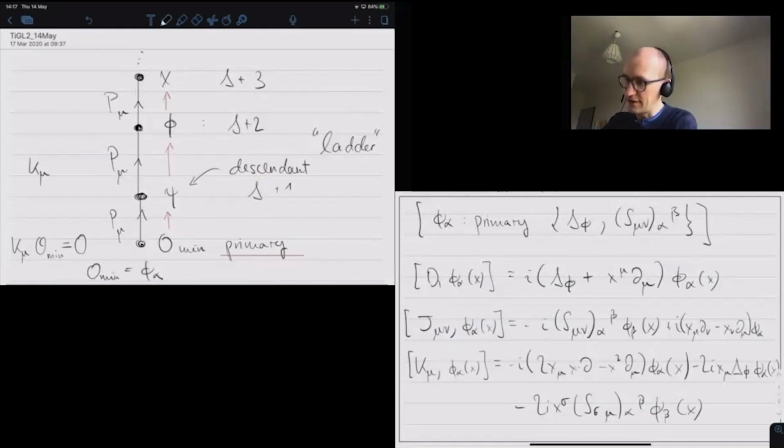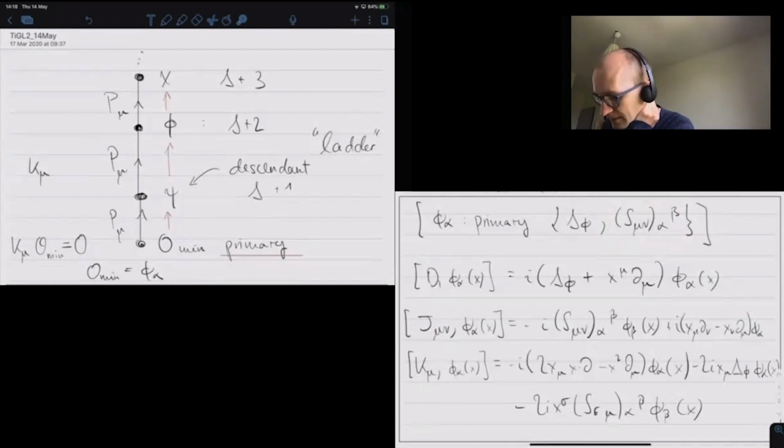And this is characterized by having some scaling dimension as well as a content in Lorentz spin. So for example, this could be a scalar, in which case this S mu nu is just trivial. It could be a vector, and it could be a spinor. And I pointed out those two representations in particular, how you can implement them.